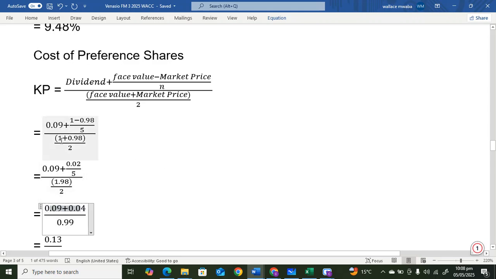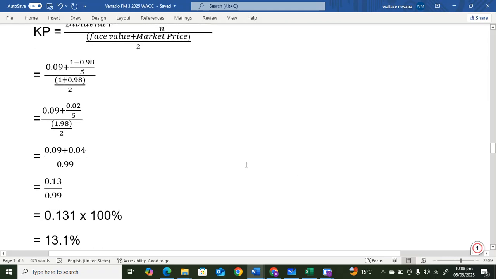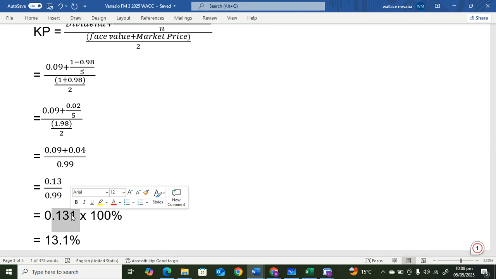At the bottom, 1 plus 0.98 is 1.98, and 1.98 divided by 2 gives 0.99. Then 0.04 plus 0.09 is 0.13, divided by 0.99, which gives 0.131, which becomes 13.1%.